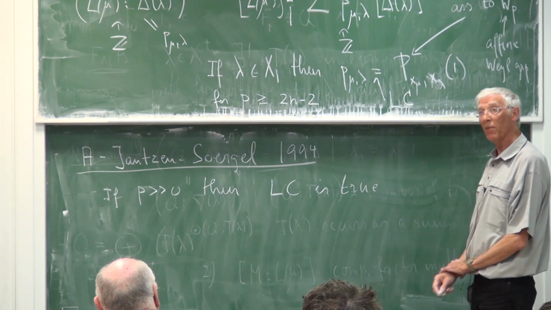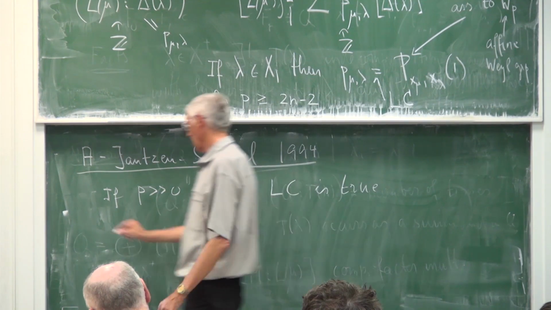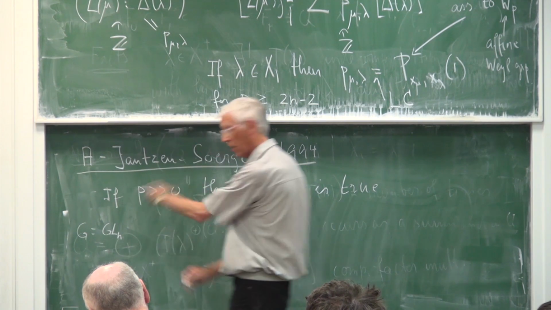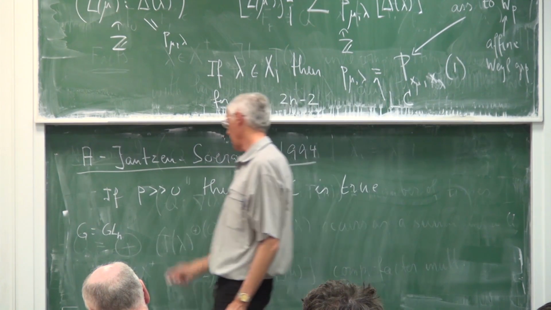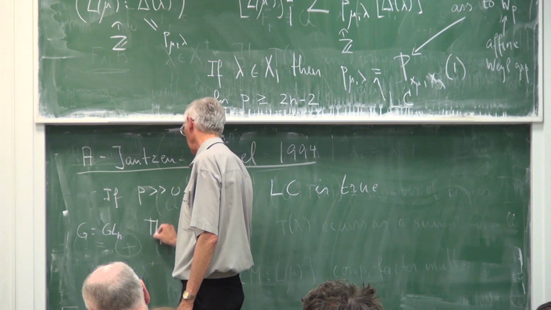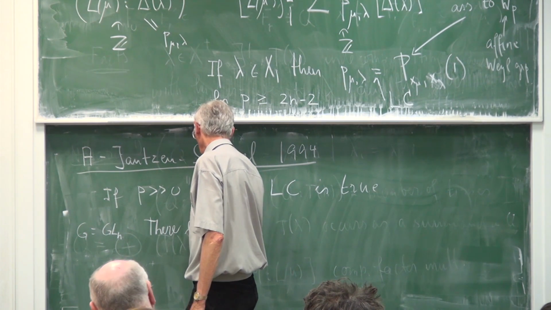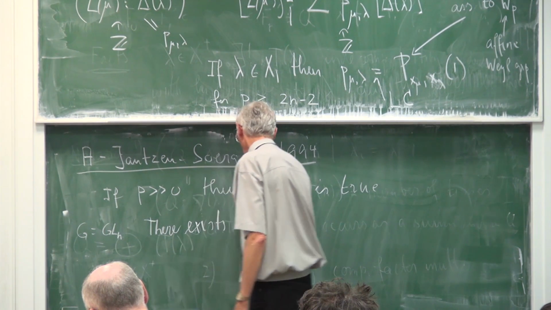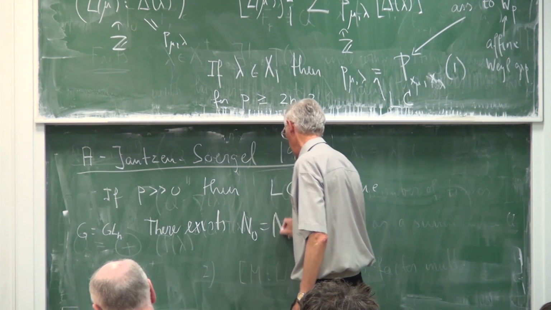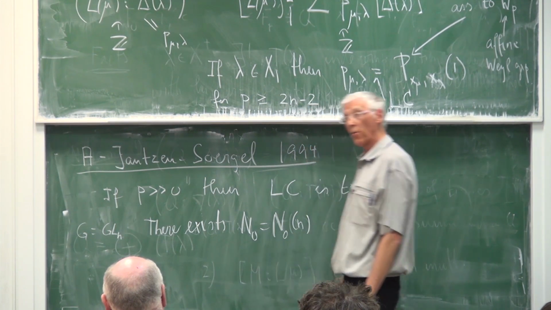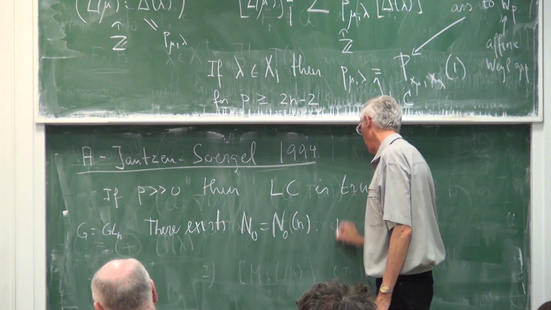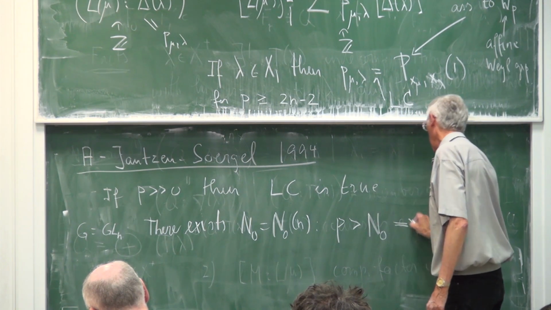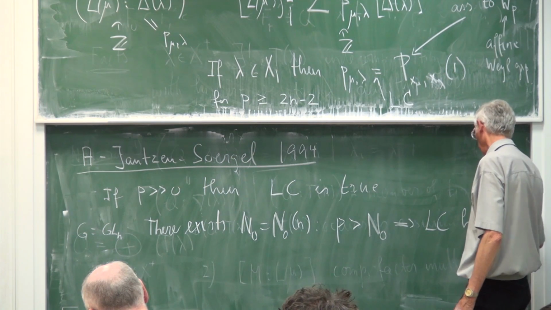What does it mean for p to be very large? Well, let me state it again for GLn, which is my favorite example. It means that there exists a number which will depend on n, but on nothing else, such that if p is bigger than this number, then LC is true.